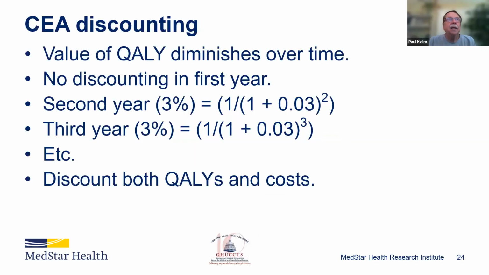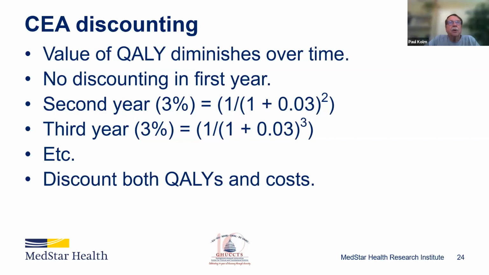Okay, so then another idea that we need to talk about when we do cost effectiveness analysis is discounting. And this is basically the idea that the value of the treatment diminishes over time. So the quality adjusted life years would diminish over time, the costs diminish over time. And by that, I mean it's like the whole spectrum of the value. I'm not talking about inflation here with cost, but we don't discount anything in the first year.